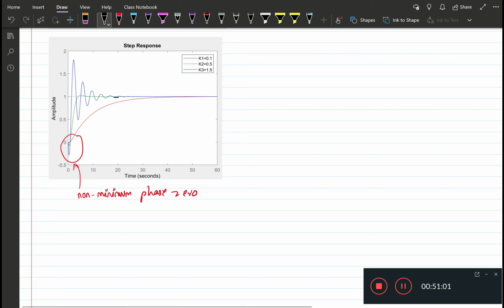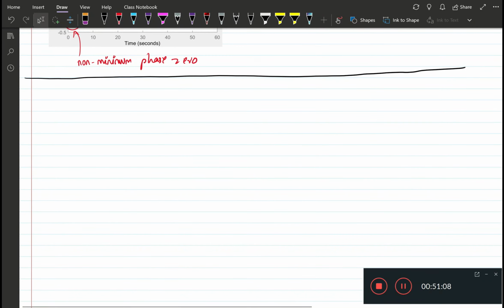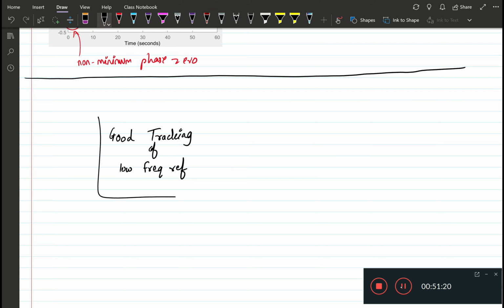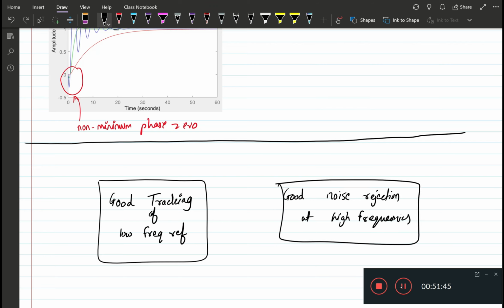So what is the key underlying idea in this question? And that is as follows: good tracking of low frequency references and good noise rejection at high frequencies are sort of conflicting objectives.